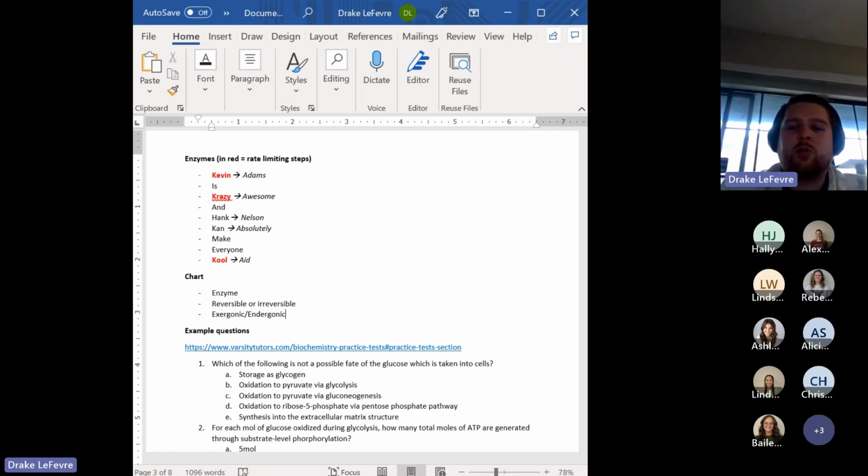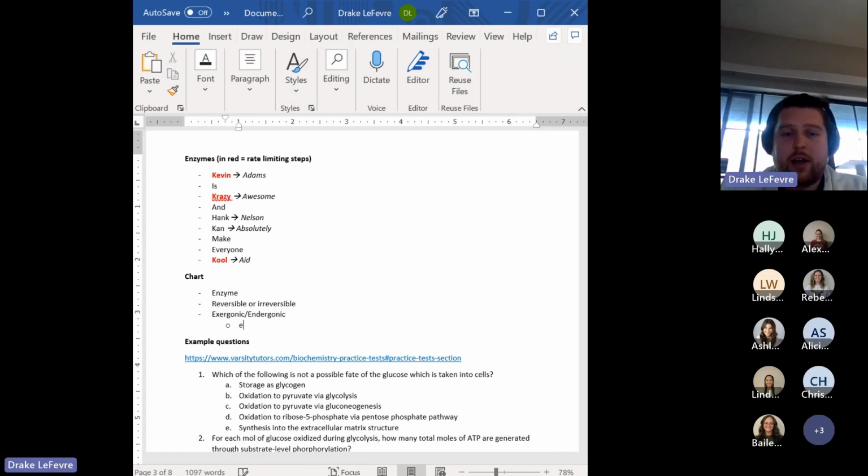And there's some general rules. You don't have to memorize each one individually. If there are only three that are reversible, remember which ones are reversible and know that all of the other ones are irreversible. Or if there's only 3 that are irreversible, know which those 3. If there's only 1 or 2 that are exergonic, then assume that the rest are endergonic with what it says in the book.